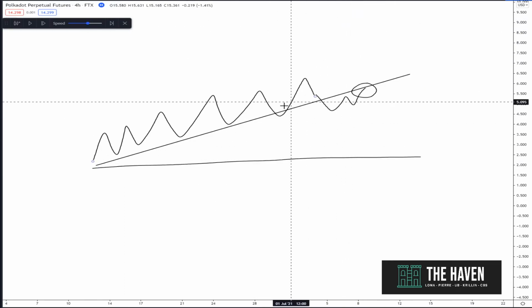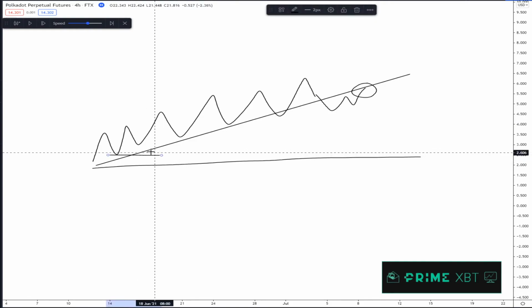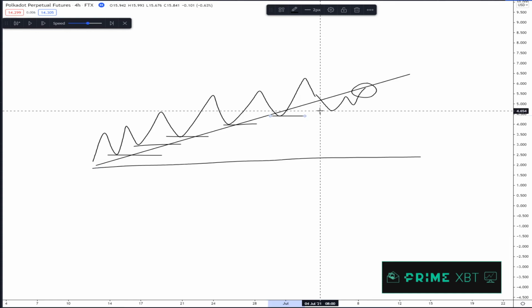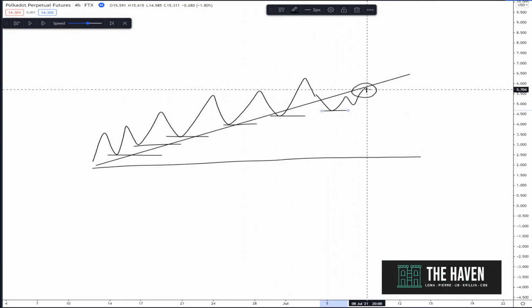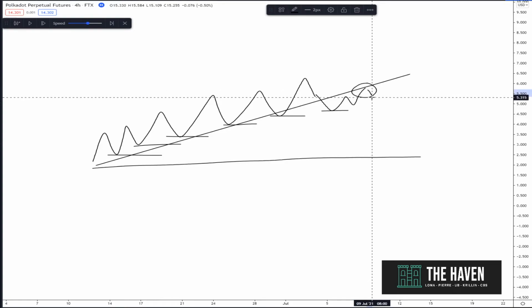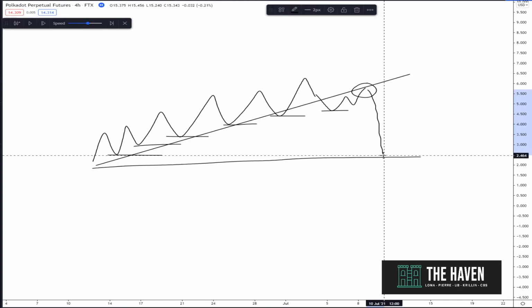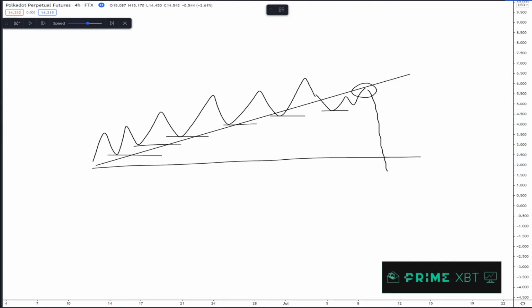Because we create a series of higher lows, we're going to have stop losses all below the lows. So the idea here is that if we really do gain momentum, it should be no problem to clean up all these stop losses and go fairly quickly down to the origin of the higher lows or lower highs.